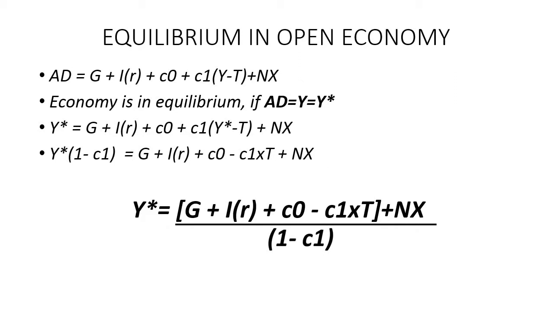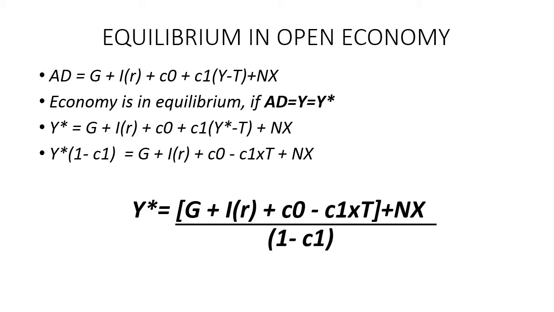So assuming at this point that net exports is an exogenous variable, and again assuming that there is equilibrium on the market of goods in domestic economy, you can calculate the equilibrium value of output as follows. It will be equal to autonomous demand multiplied by Keynesian multiplier.